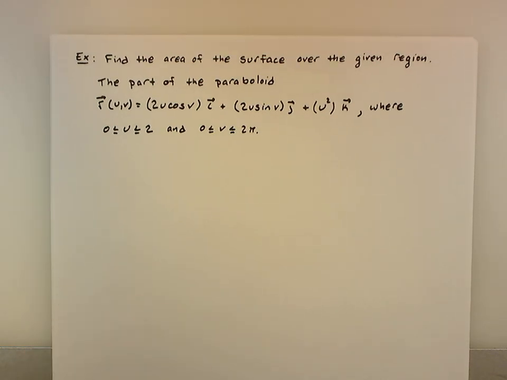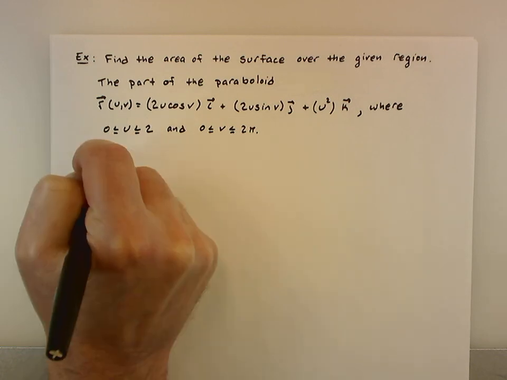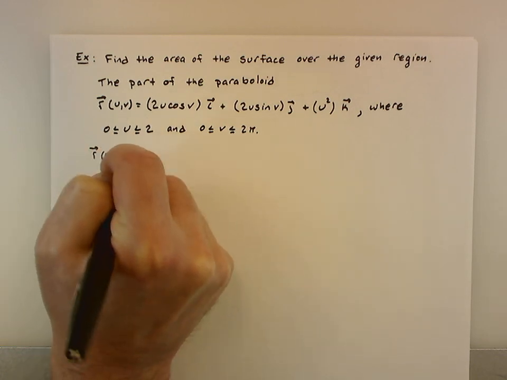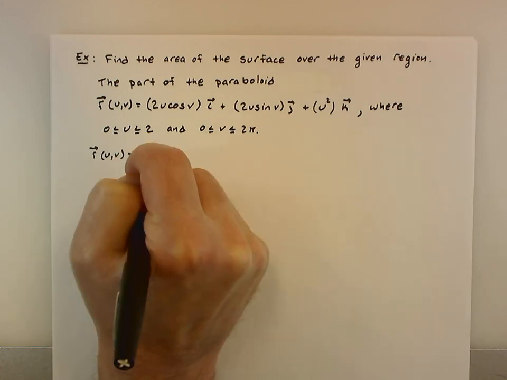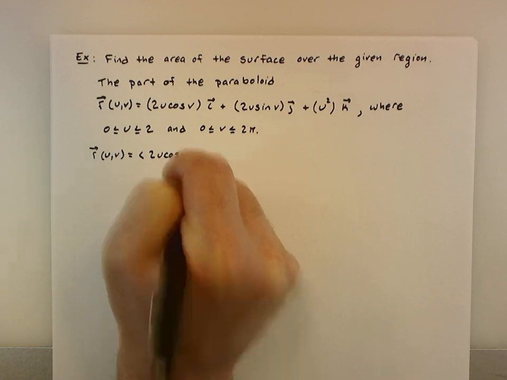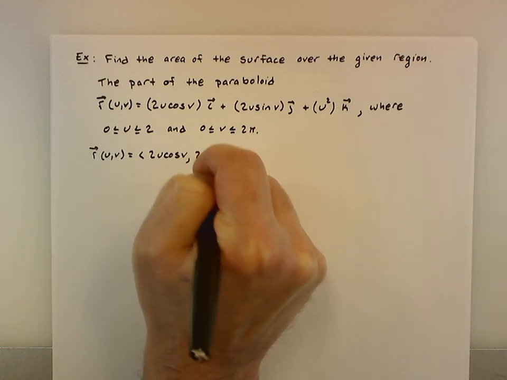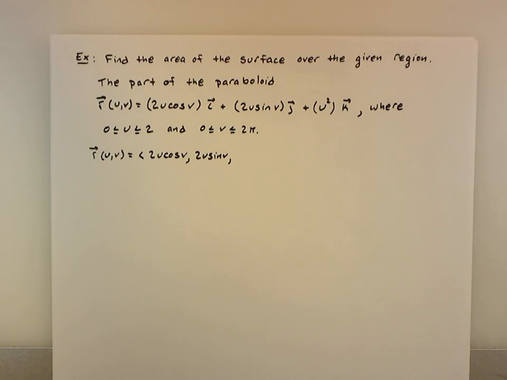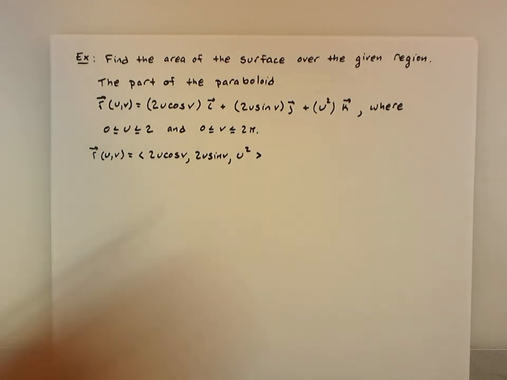So first, R of UV is given by 2u cosine V, 2u sine V, and u squared.